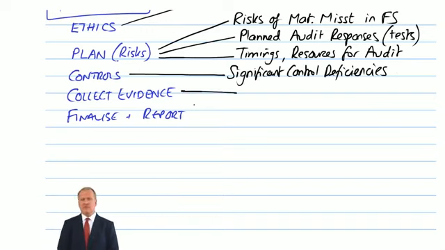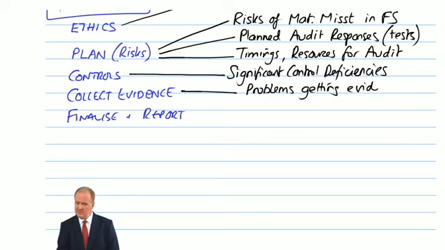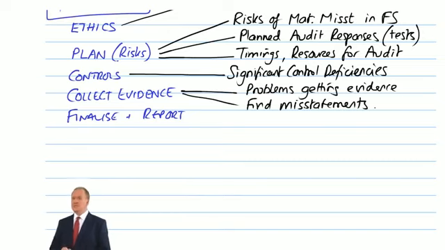Then we go and collect the evidence. If we have any problems getting hold of evidence, we should tell the audit committee. And of course, if we find misstatements in the accounts, we should tell the audit committee.